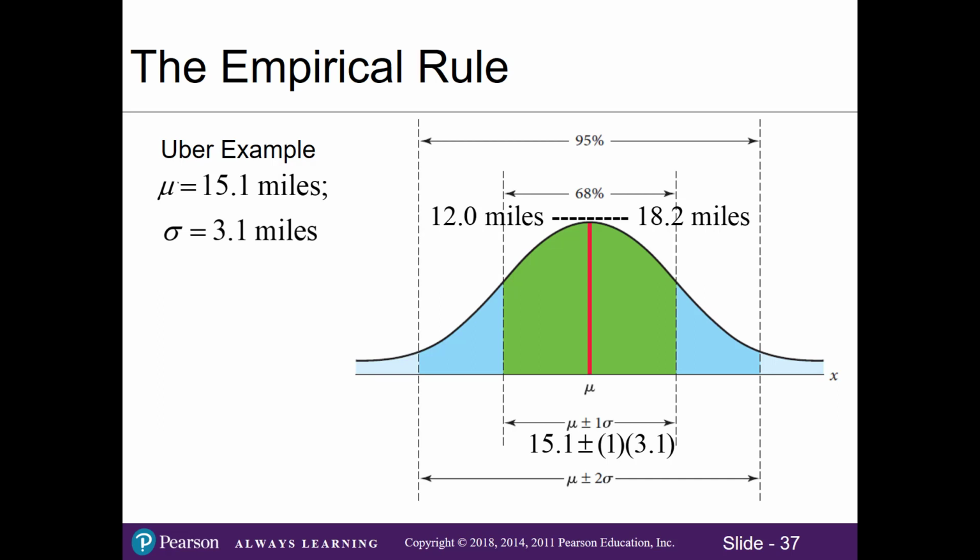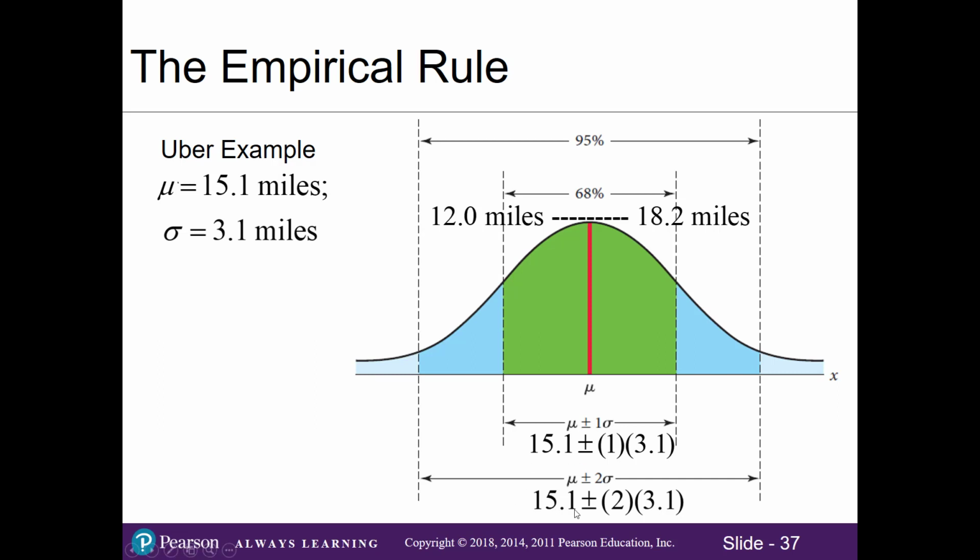Now I can actually estimate how many rides I can fit typically in a tank of gas, for instance. Now let's go ahead and go out 2 standard deviations. Here, I'll take my mean again of 15.1, plus or minus, since I'm 2 standard deviations out, I'm going to take 2 times my standard deviation of 3.1, and 2 times 3.1 is 6.2.